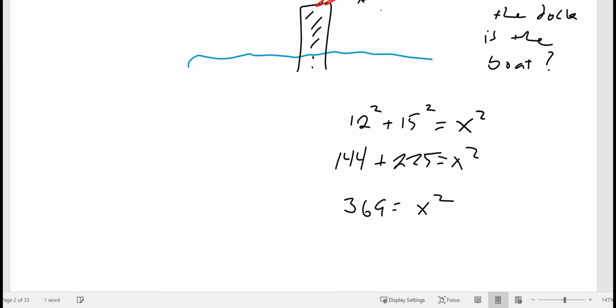If I combine my like terms there, 369 equals x squared. Now, I don't care what x squared is. What I care about is x. So if I take the square root of 369, what do you get?